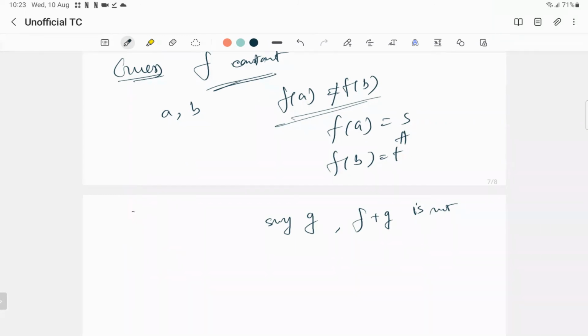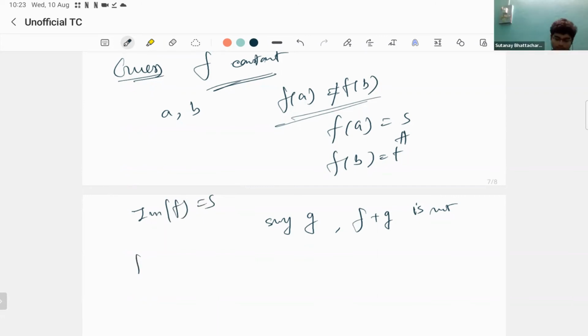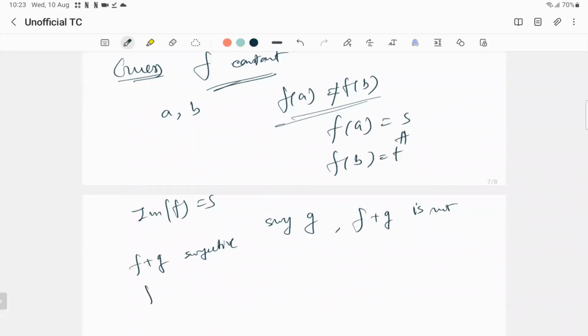I consider that set to be S. So the image of f is S. Now, if we consider for the sake of contradiction that f plus g is surjective, then we can take some element of S, a small s, such that f plus g of a is equal to that s.